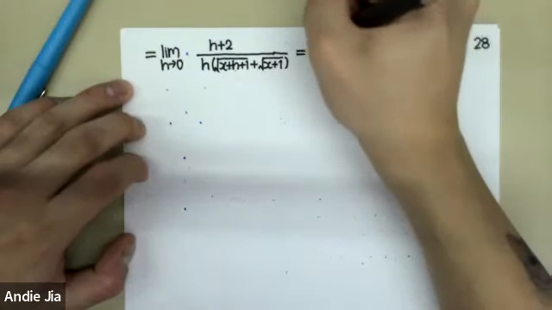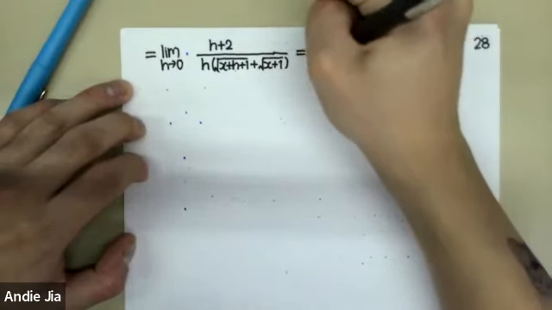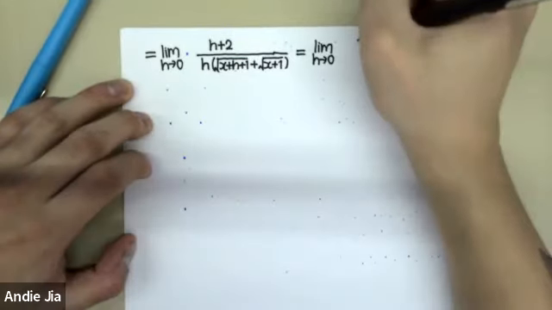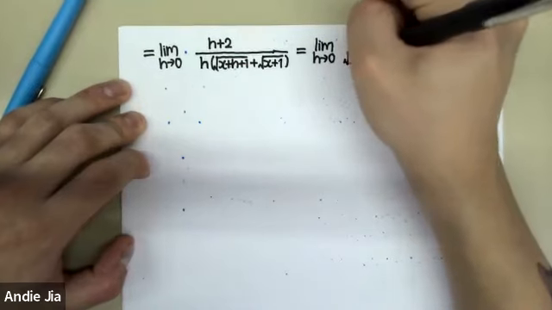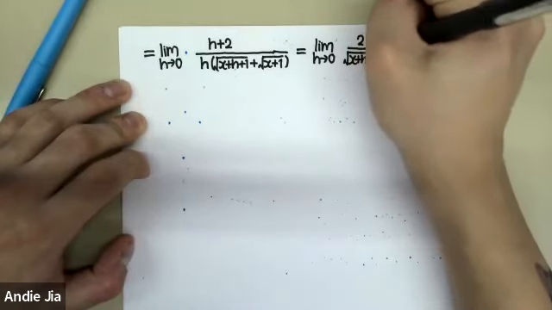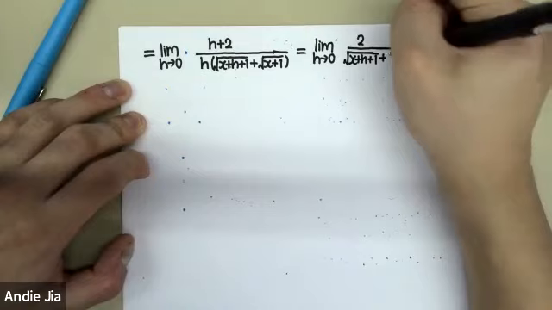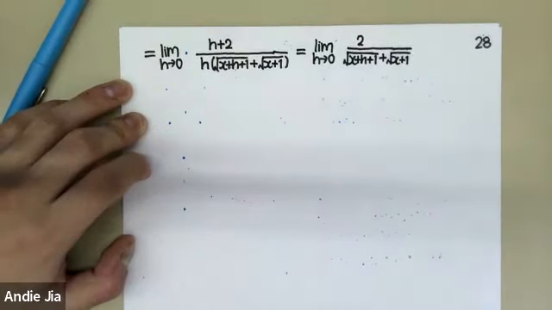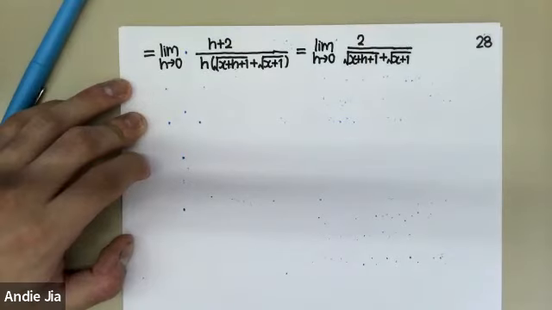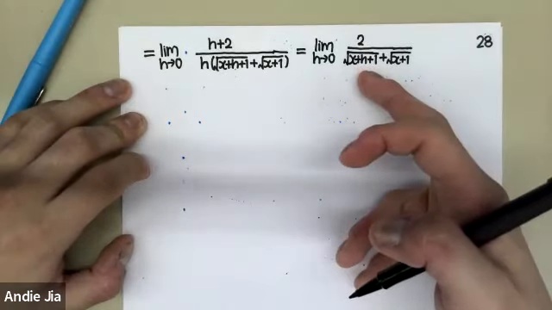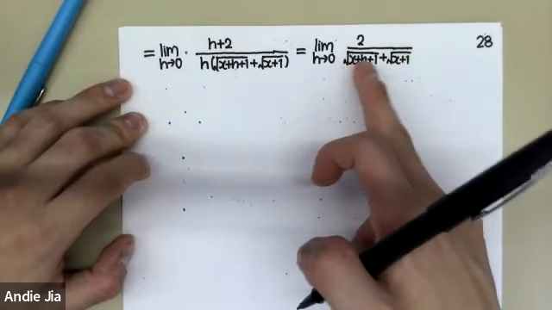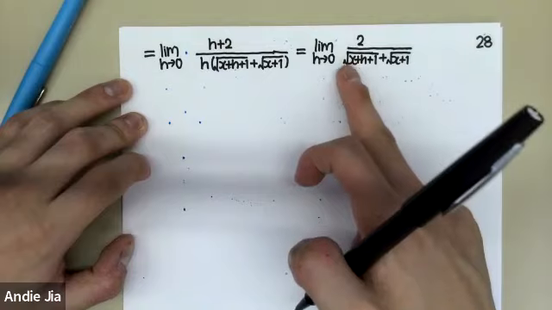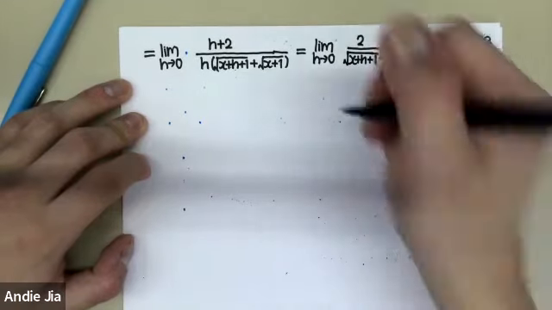So the limit as h approaches 0 is 2 over the radical of x plus h plus 1 plus the radical of x plus 1. At x equal to 1, it's just going to be 2 over radical 2.